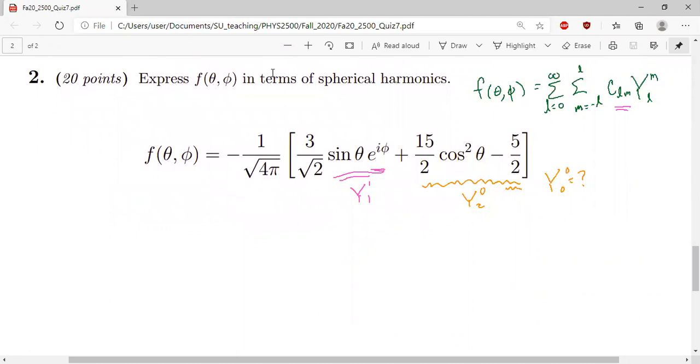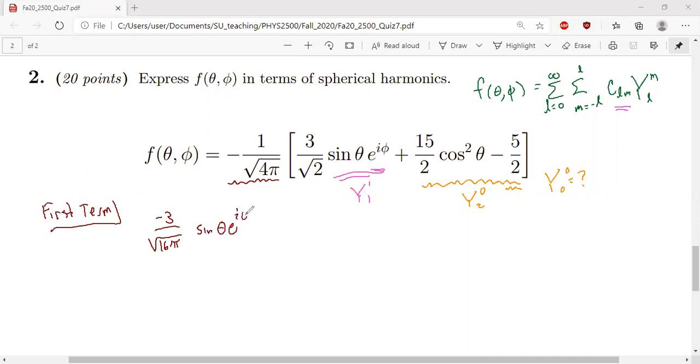So now what I know, and I can write this in the following way. I've got a first term. And the first term itself, let me just pull all of this in. So I have a minus 1 over root 4 pi. So that gives me a first term of minus 3 over root 16 pi sine theta e to the i phi.